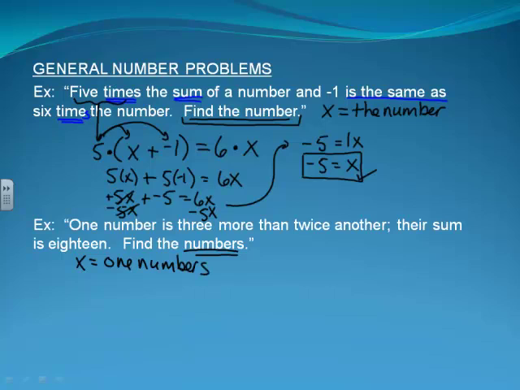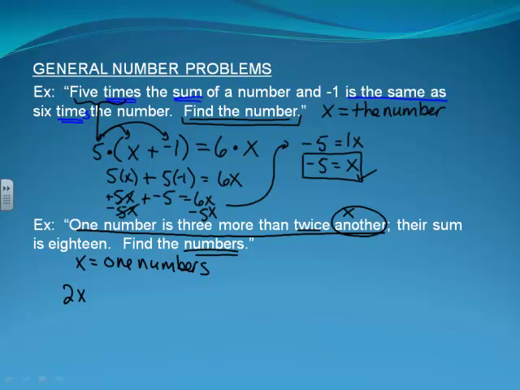Now the other number is going to have to be related to that number. And notice that it says here that one number is 3 more than twice another. So if we take this number here as being our x, if we take twice another, that would be 2 times x.